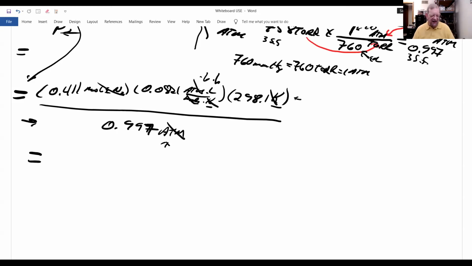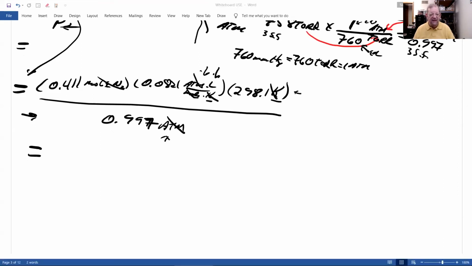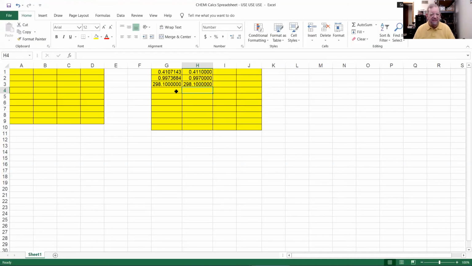And now I'm going to go to my calculator. Oh, a common mistake students make when they do this calculation is that they put in 0.821 for R, not 0.0821.